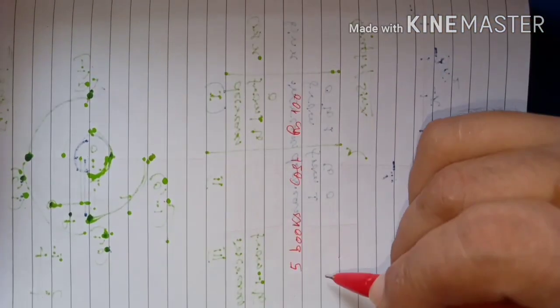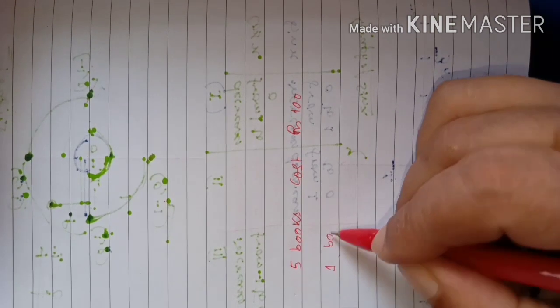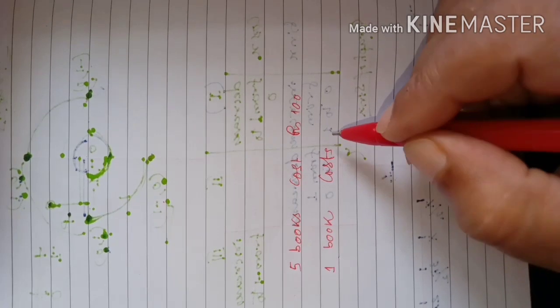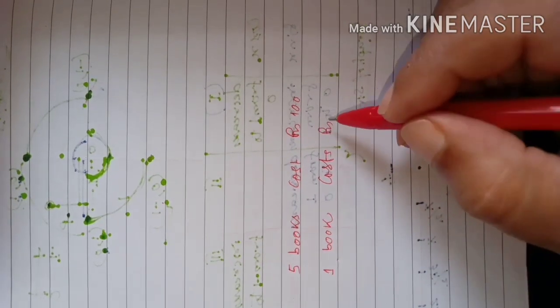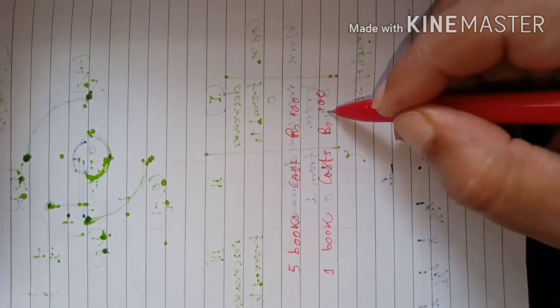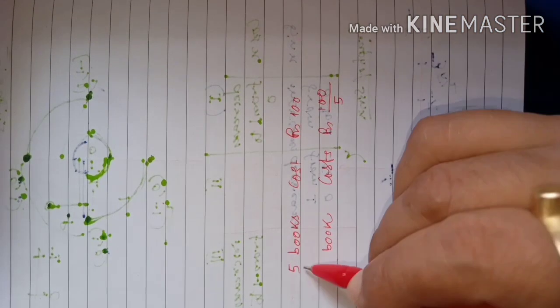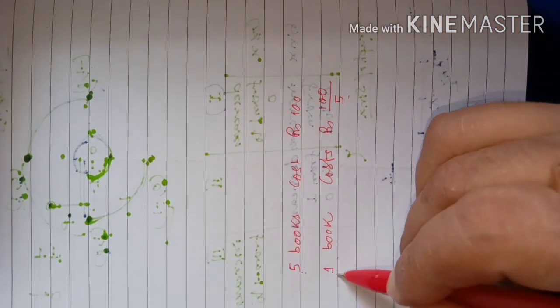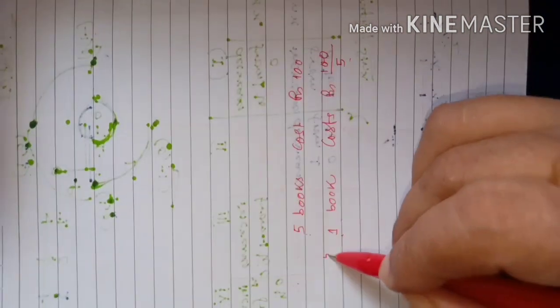Then one book costs rupees what? It will not be 100, it will be 100 by 5, because 5 divided by 5 is equal to 1.